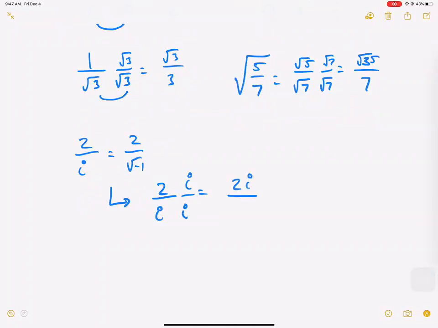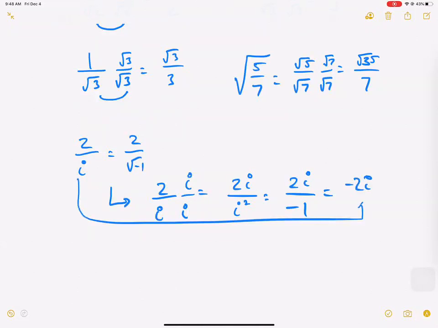But what's i squared? They don't cancel out. They become i squared, which is negative 1. So when you multiply by an imaginary number, careful, that product becomes i squared, which is actually negative 1. So this is actually negative 2i. So from start to finish, you have to make sure you rewrite that imaginary number.